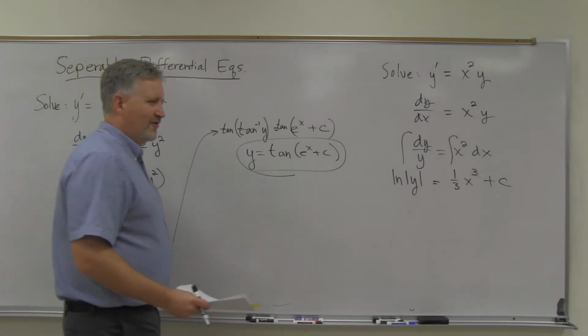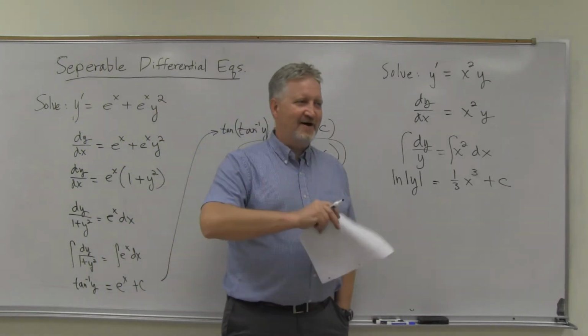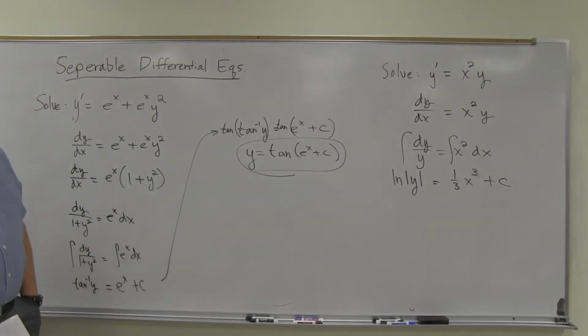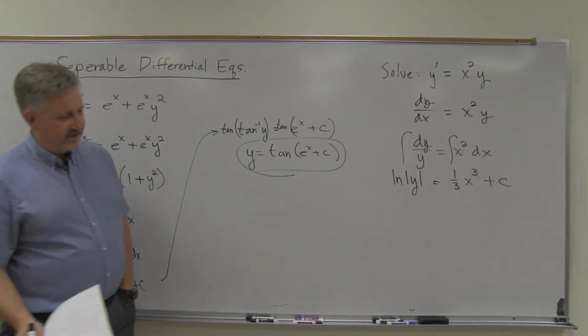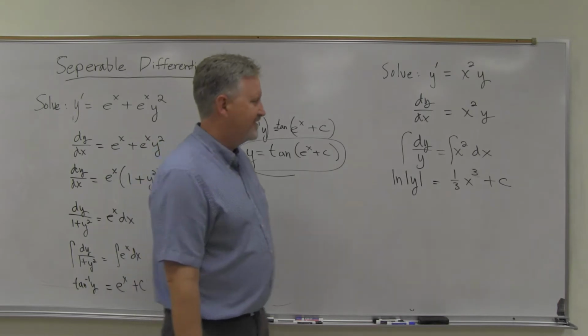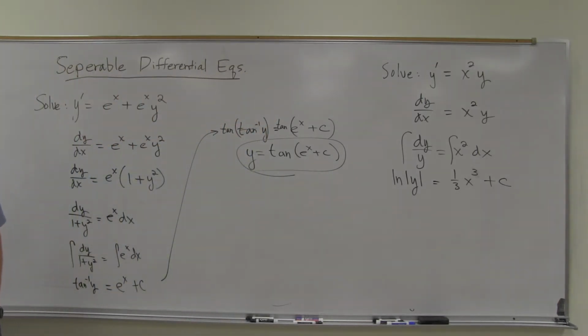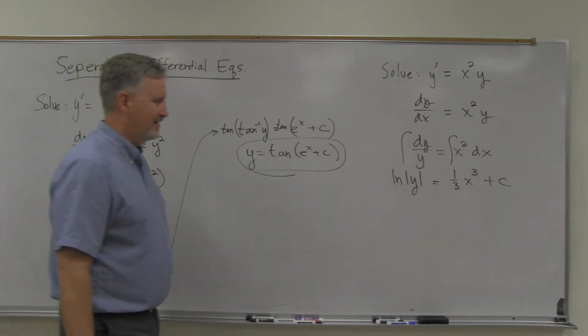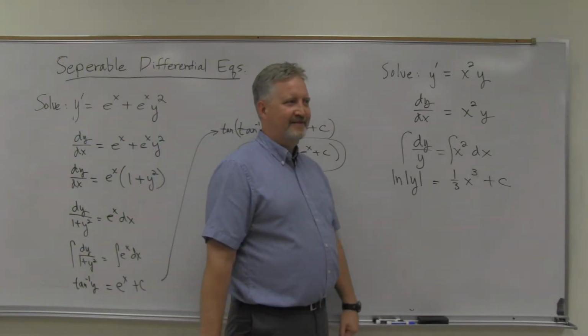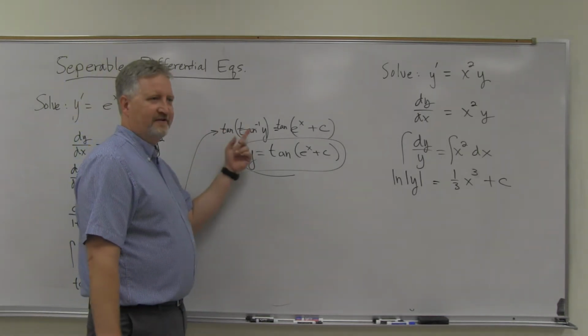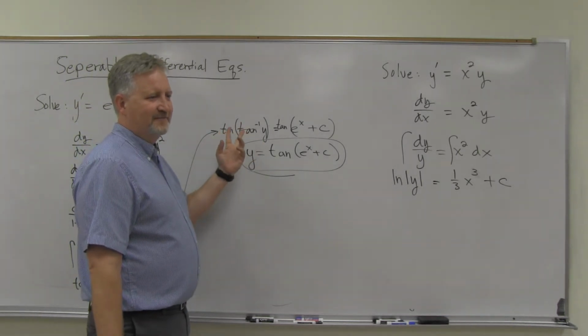Okay, so now we get into some different solving equation things. You got ln of the absolute value of y equals 1/3 x cubed plus c. How do we solve this for y? How do we get rid of that ln? Kind of like we did here. Do the inverse operation, which is a little easier.